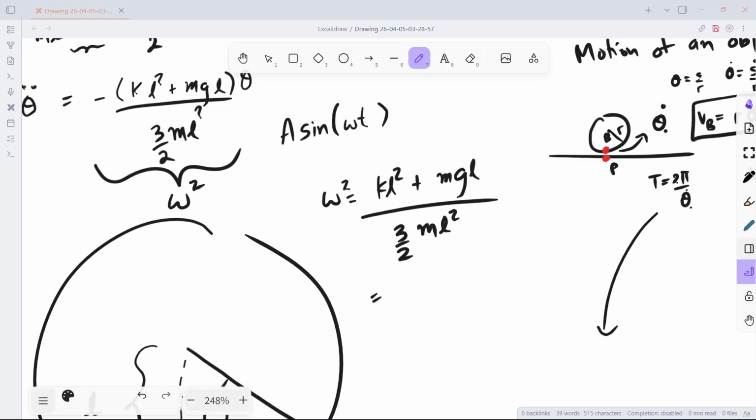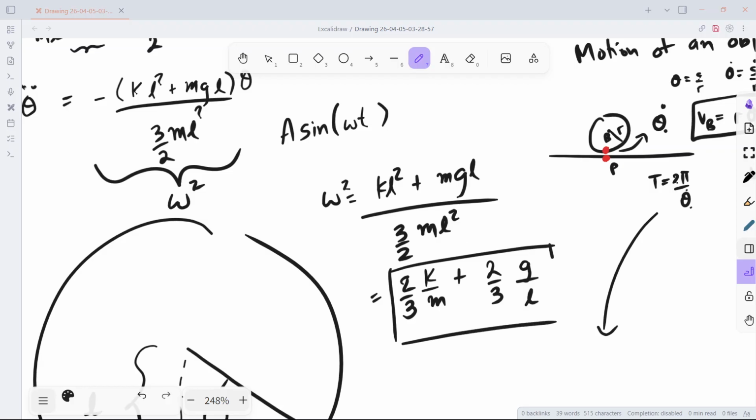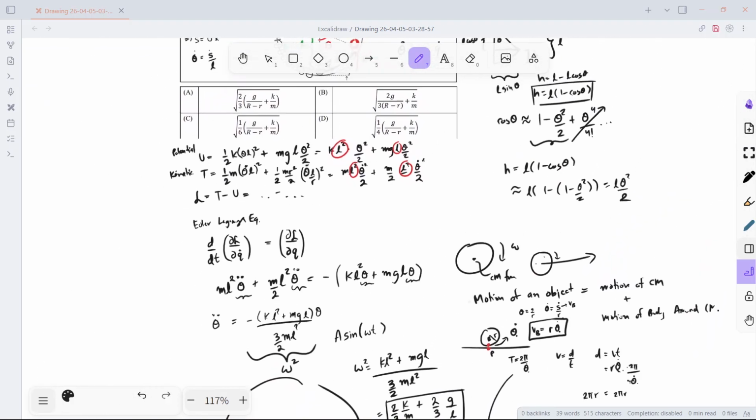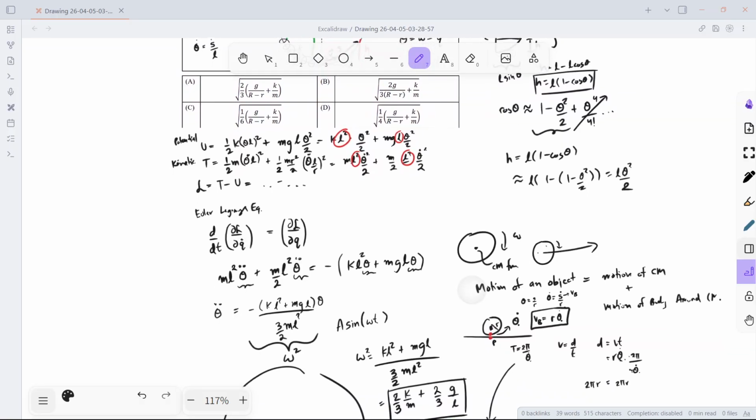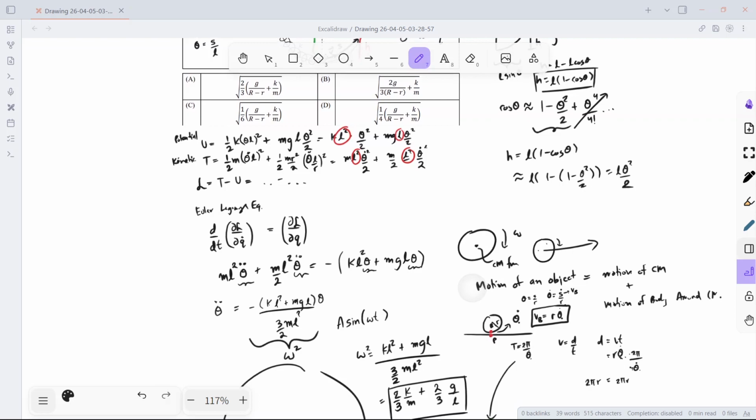Let's divide through by L squared and separate these out: 2/3 k over m plus 2/3 g over L. That's what I hoped it would be.